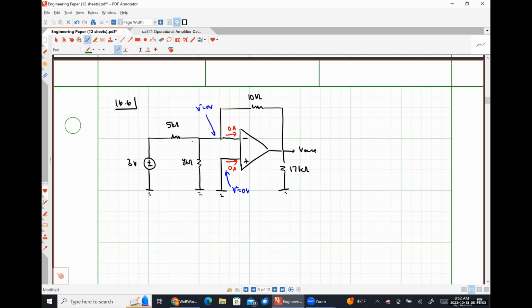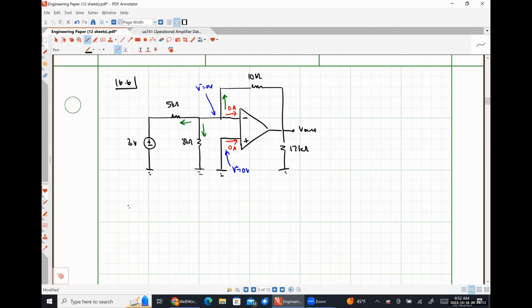Write our KVL equation, excuse me, KCL equation, right? So this current plus this current plus this current have to equal to 0. So that's going to look like 0 minus 3 volts divided by 5 kiloohms plus 0 volts minus 0 volts over 8 kiloohms. So the 8 kiloohm resistor is effectively shorted out. Plus 0 volts minus V out over 10 kiloohms is equal to 0.